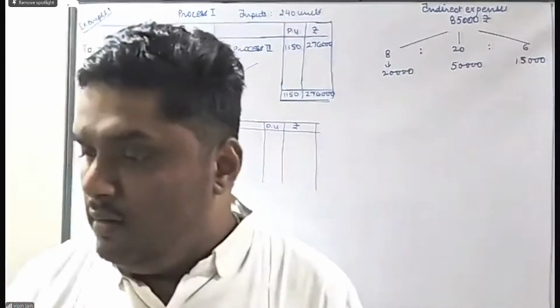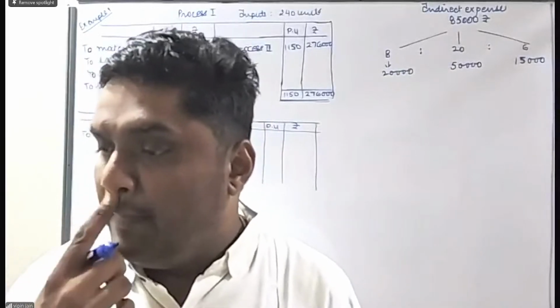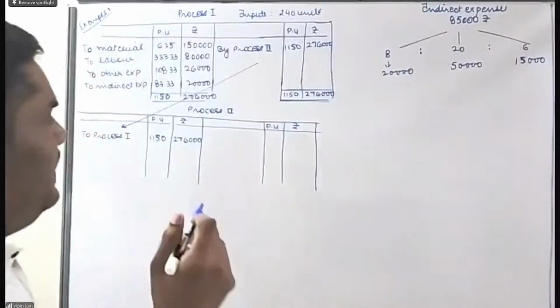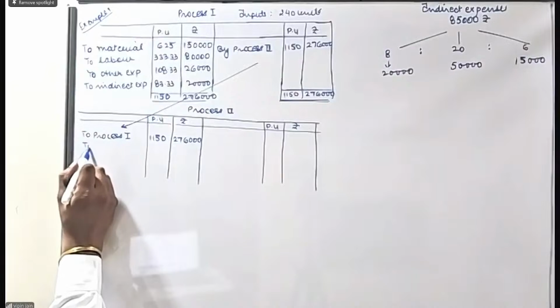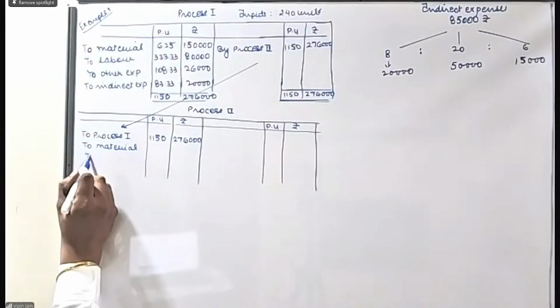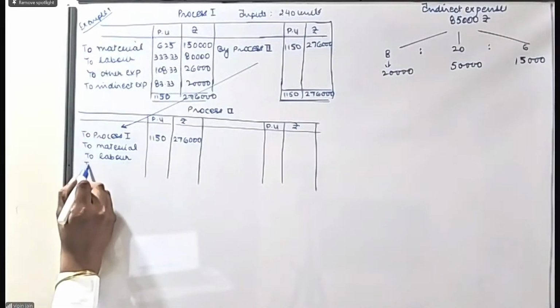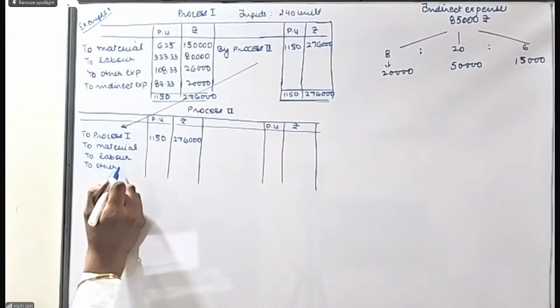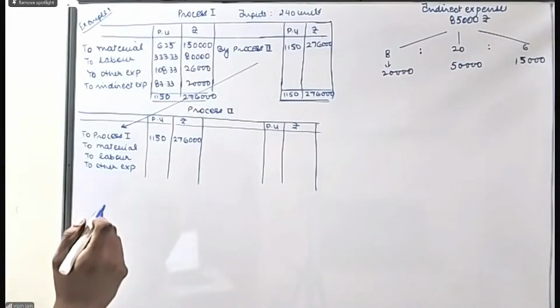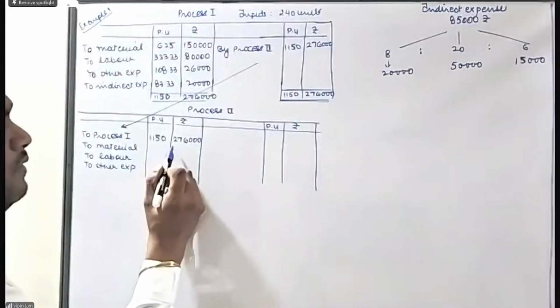Thereafter again, yes, Priyanshi, it's very easy. Material, labor, and other expenses. So to material, to labor, and to other expenses. That is 50,000, 2 lakh and 72,000.